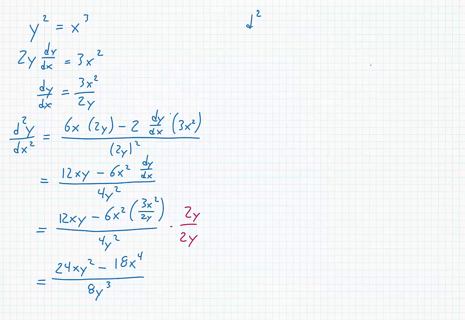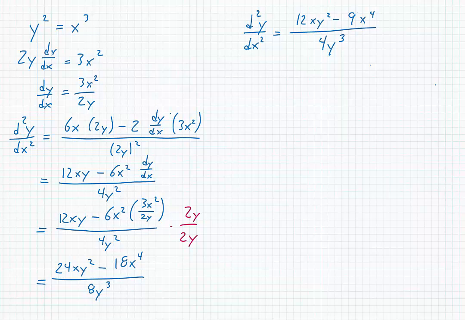Come up over here on the right, d2y/dx squared is equal to 12xy squared minus 18x to the fourth, all divided by, actually that should be 9, we're dividing the 2 out, all divided by 4y to the third.